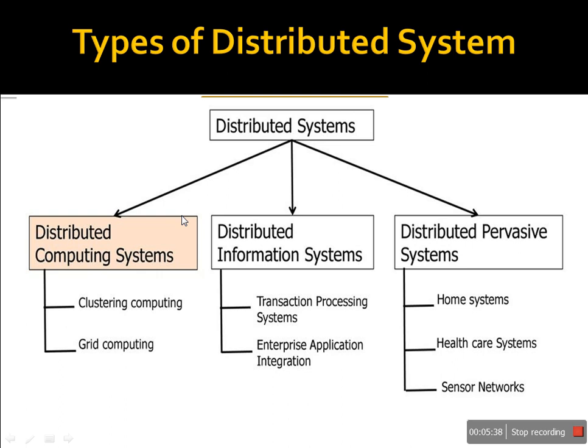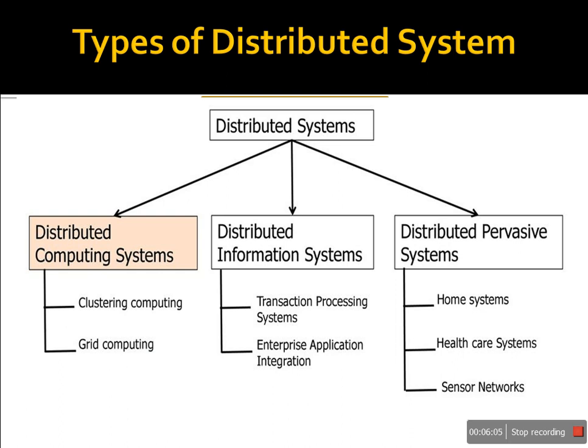Distributed computing system is an important class of distributed system, one used for high performance computing tasks. This is further divided into two categories: cluster computing and grid computing. Distributed information system is further divided into two categories.